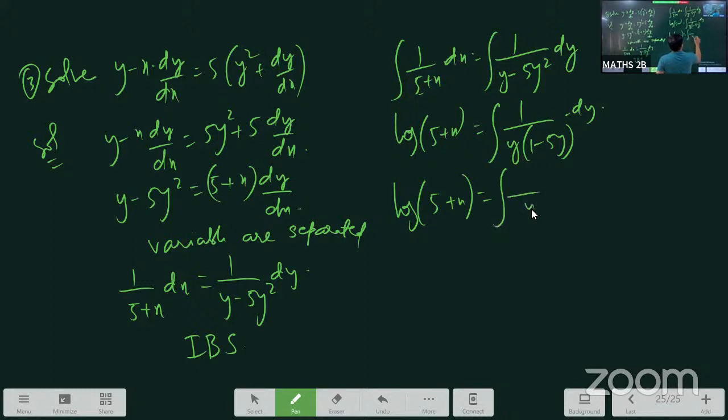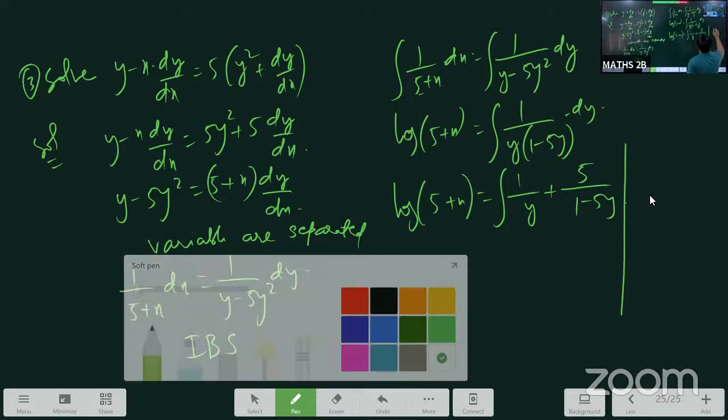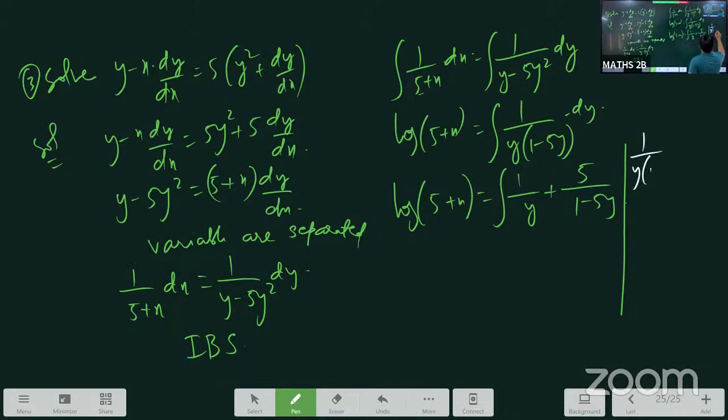Right. So same thing. After I write, you can have a look. Integration of y and 1 minus 5y. So 1 here, 5, and you put plus in between them. Sir, I can't do this one directly? Then you take it as partial fractions separately. In what way? Have a look. Your partial fractions: 1 by y into 1 minus 5y is A by y plus B by 1 minus 5y.